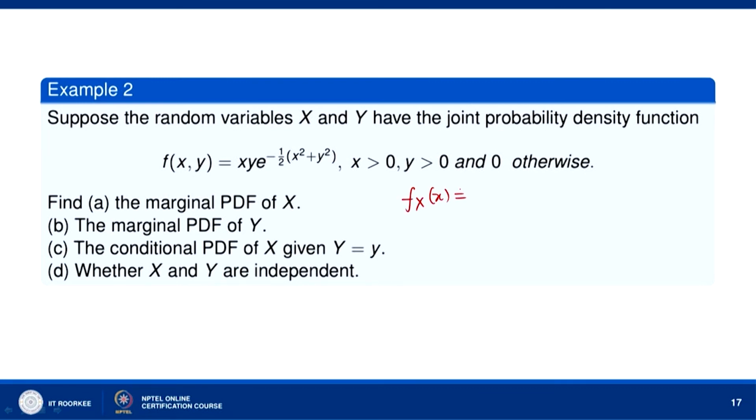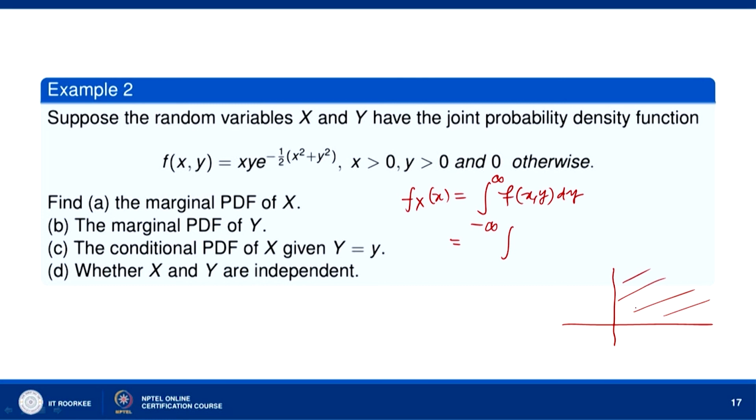Okay. So, f x of x will be the integral over minus infinity to infinity of f x y dy. Okay. So, we will have it over the first quadrant only. Okay. x is greater than 0, y greater than 0. So, we have to integrate over that, with respect to y. Okay. So, we are integrating, and when we integrate we keep x fixed.